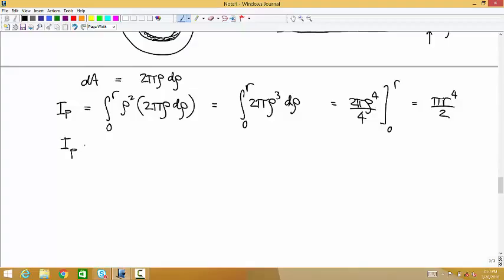And so that's the formula we're going to use. I sub p for a circular solid cross-section is equal to pi r to the fourth over 2.